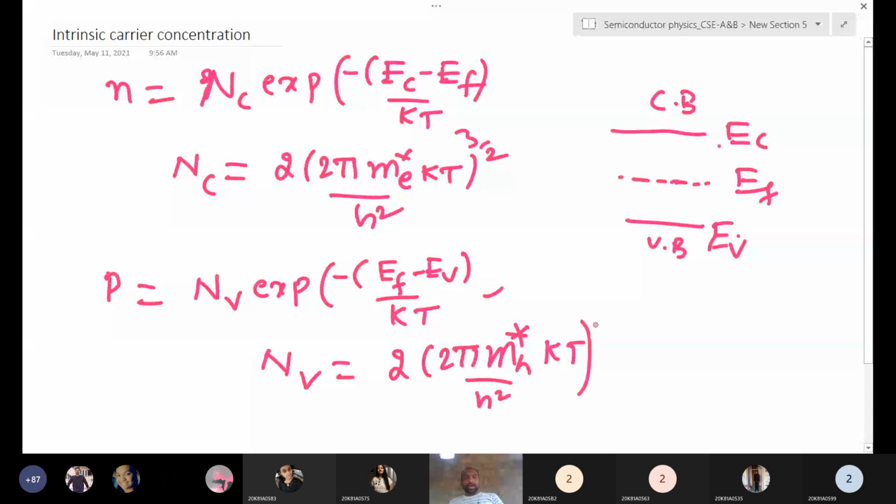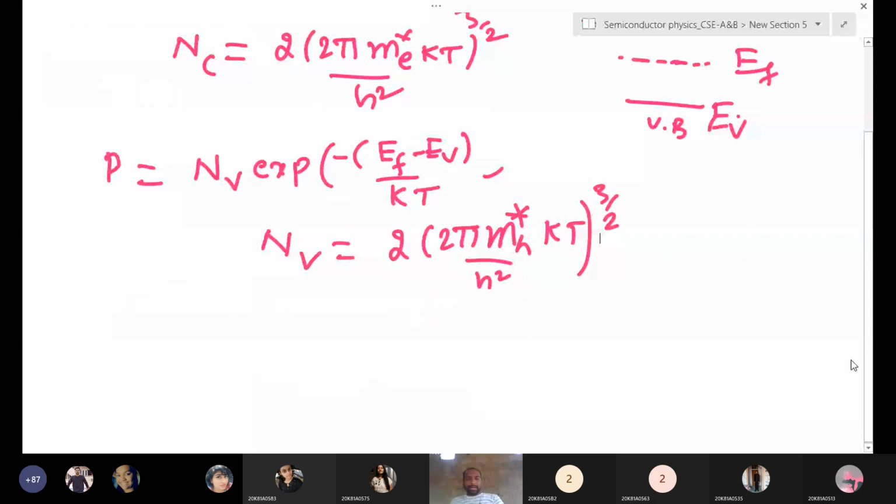Now in intrinsic semiconductor we have holes and electrons, so the total we call the carrier concentration. That we will derive now. The carrier concentration in intrinsic semiconductor you can write as ni square. Suffix i means intrinsic semiconductor, n means carrier concentration, that square is n into p. n is the electron density, p is the hole density.